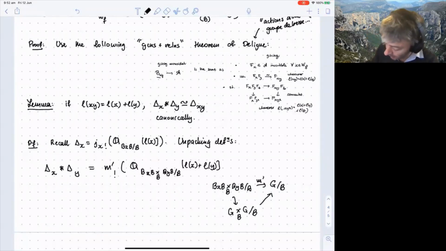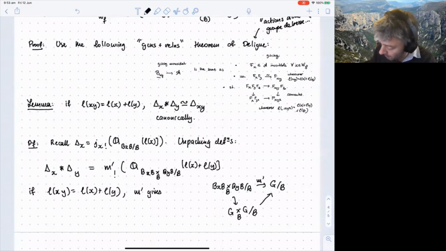But if the length of xy equals the length of x plus the length of y, then it's a standard structure theory result in reductive groups that M prime is an isomorphism. So the following map is an isomorphism.